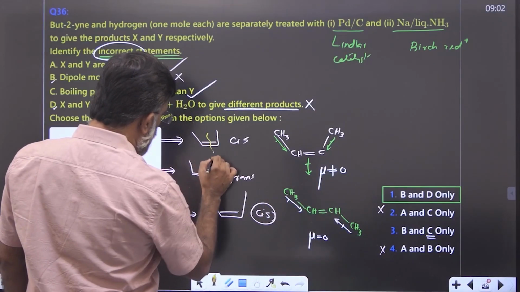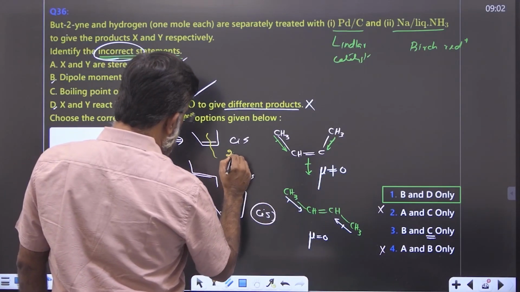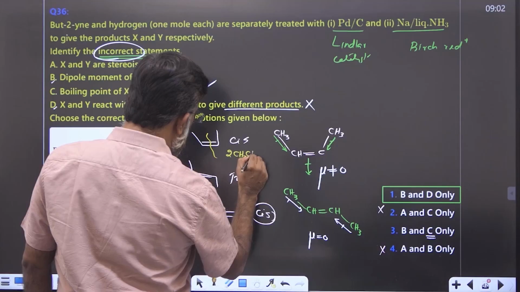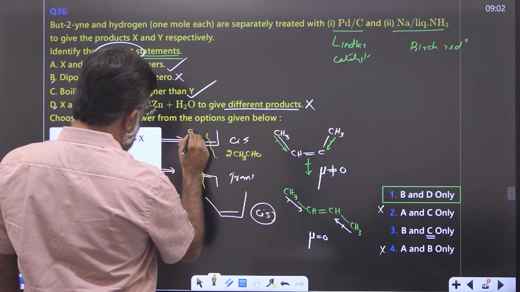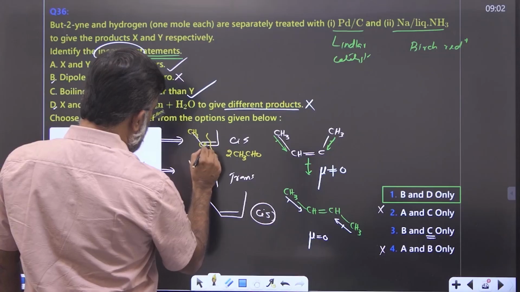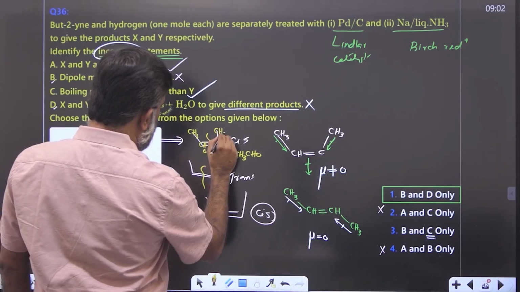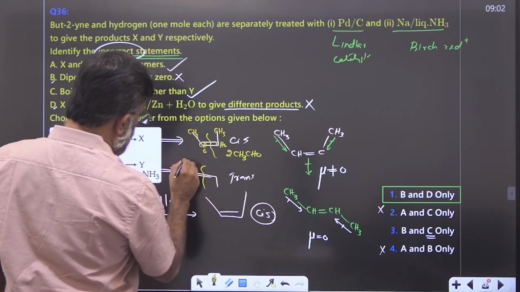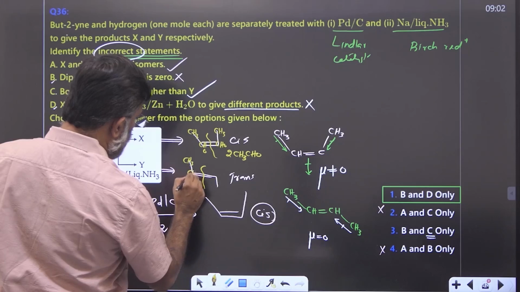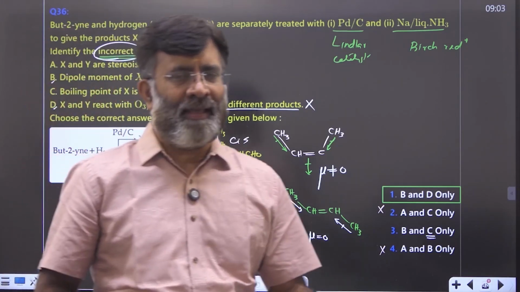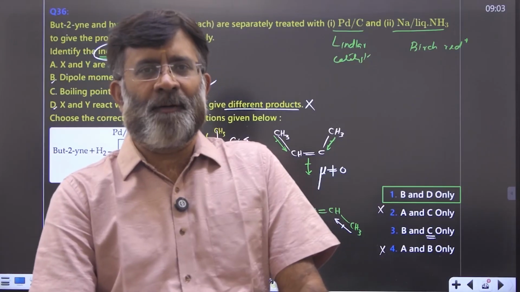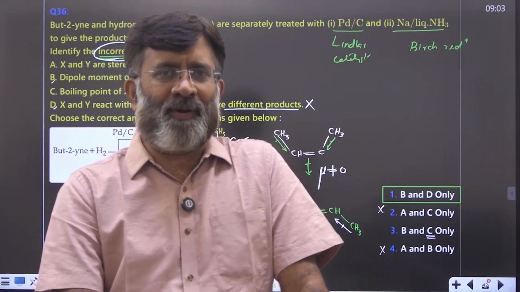The double bond is going to break over here and you will get 2 moles of CH3CHO. Whether you take this or that, you will be getting CH3CHO, the same as here. Whether it is cis or trans configuration, that does not affect the ozonolysis product.